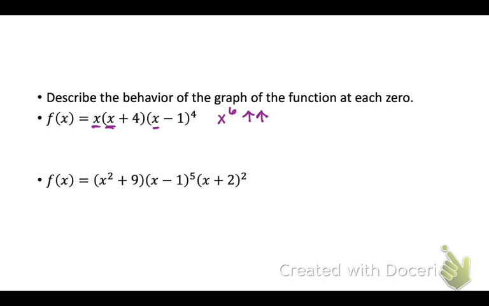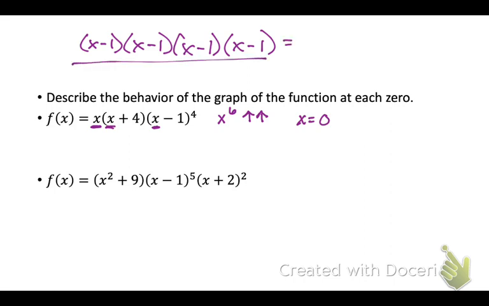End behavior is the ends, the arrows. Okay, so now I want the zeros. So I got to set them all equal to 0. From the x, what do I get? 0. How many times is that happening? Once. When we multiplied all those out and combined like terms, I would have x to the 4th, and then I have an x here and an x here.